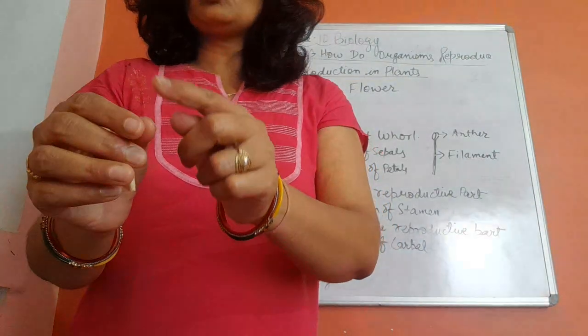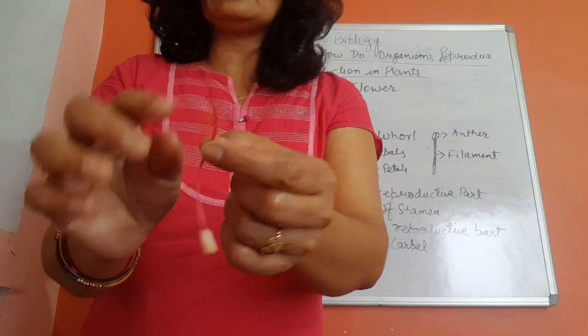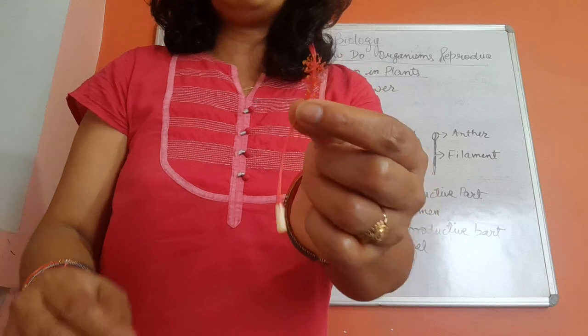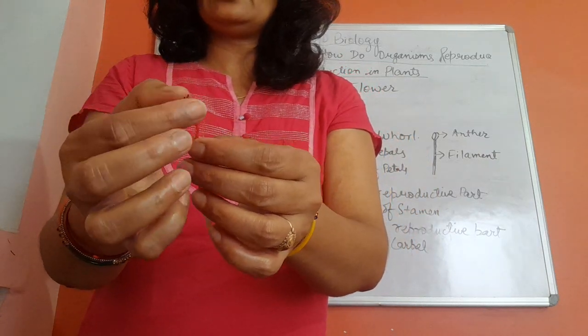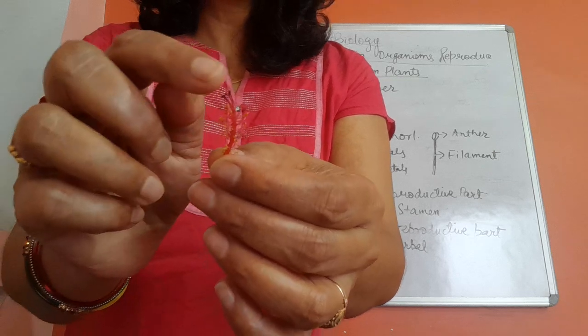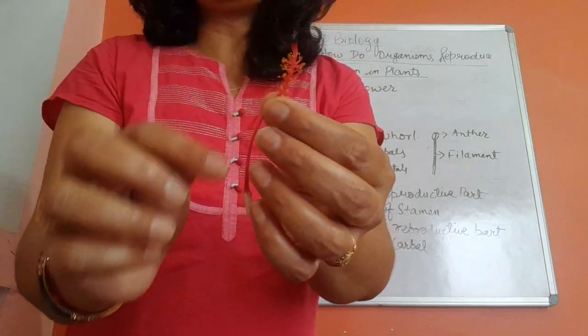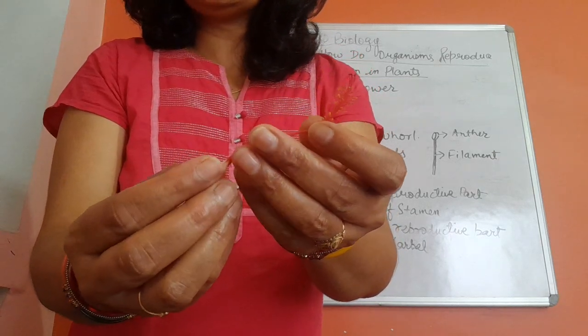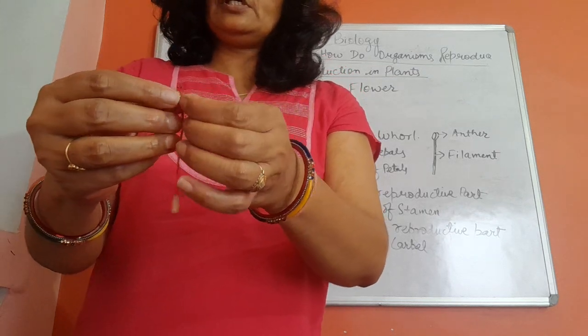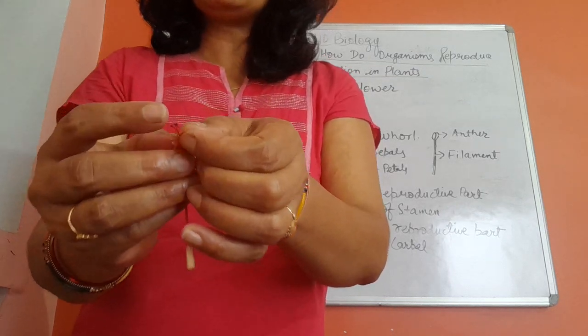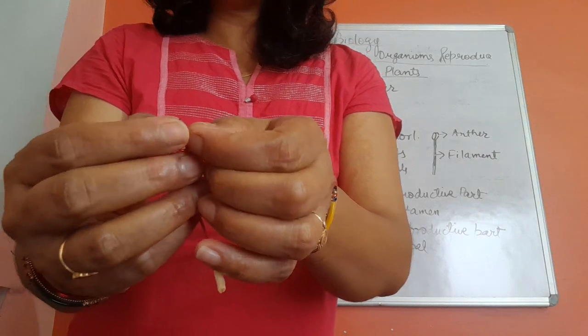Stamen is here, so I am not going to detach it because there are so many stamen. Now carpel or pistil. Top part, it's stigma, this part as you can see, stigma. Then style is inside this tube and ovary is here. So first of all, let me tear out the tube. Stigma is already clear to you.